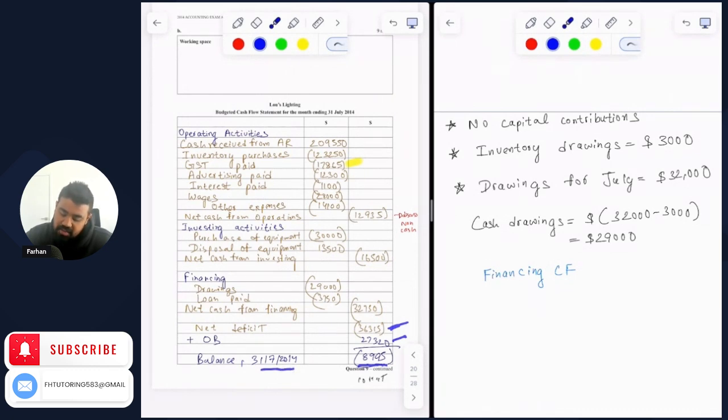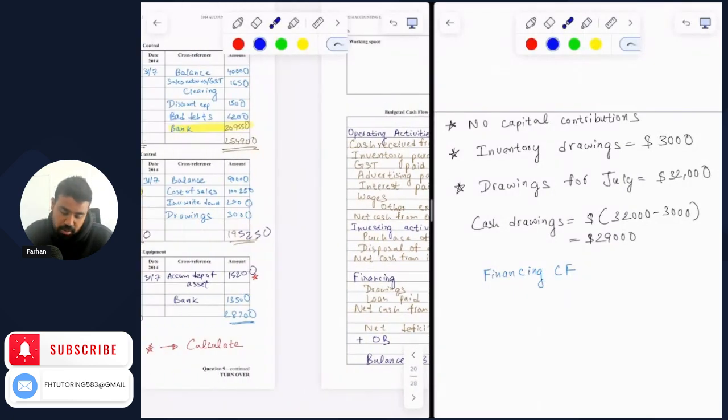So this negative $8,995 is what we refer to as a bank overdraft, which is a current liability, meaning that the business does not have any money in the bank account, rather it owes the money, some $8,995. And because we're given the balance sheet, we can verify whether this figure is correct, and whether or not your math is correct.